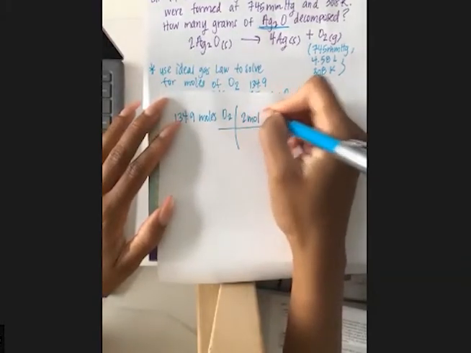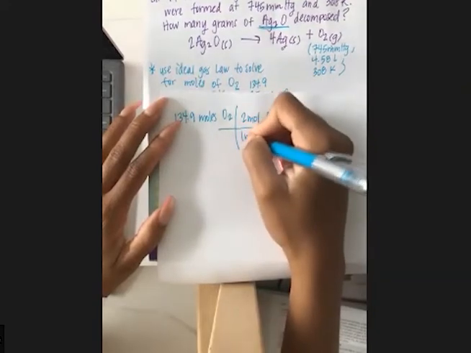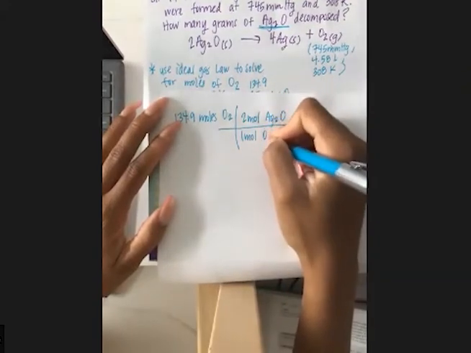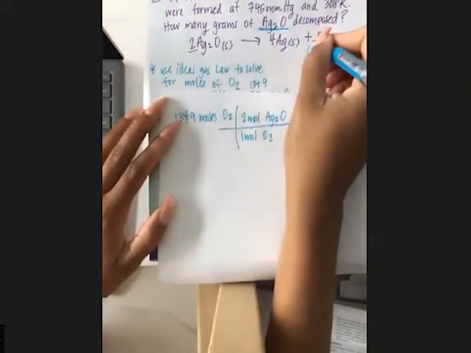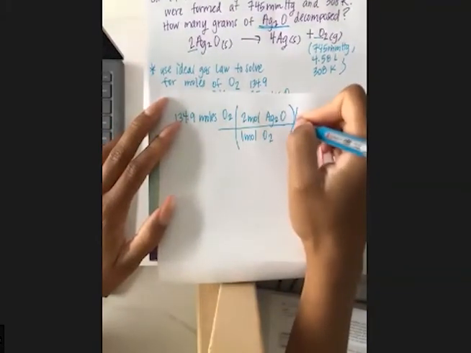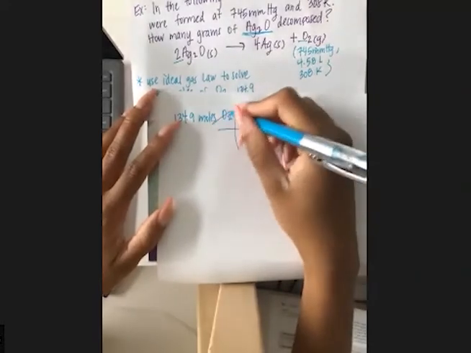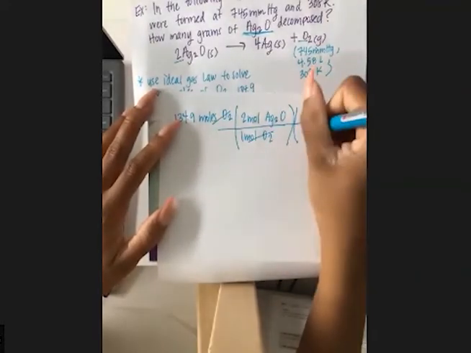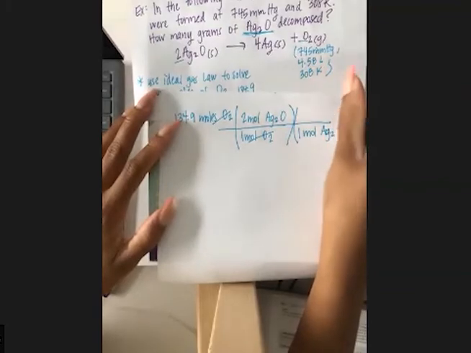Great, 2 moles of silver oxide for 1 mole of oxygen gas. I got that from the balanced equation. The ratio is 2 to 1. And then finally, I'm out of moles of oxygen gas. For every 1 mole of silver oxide, I need the molar mass of silver oxide.